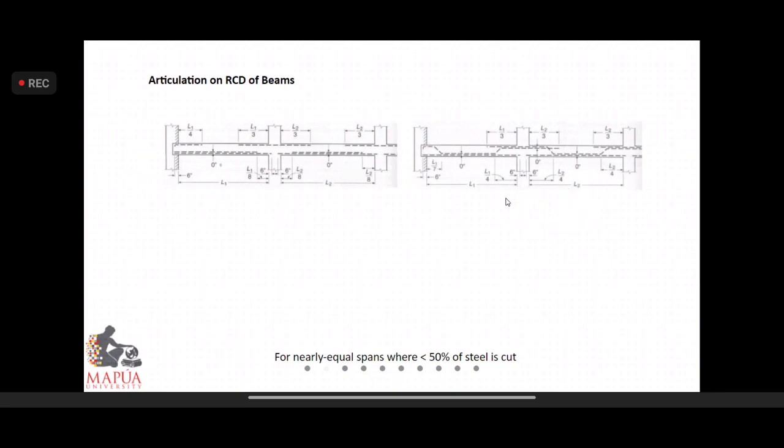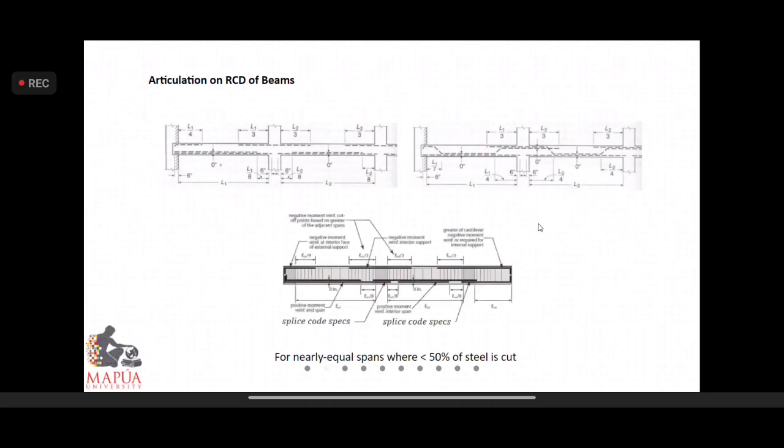In the same manner with this one. And then we have the splice code specs. Kindly go over what we have discussed: 40 d, 40 times bar diameter as a minimum, or up to about 60 d or 100 d.